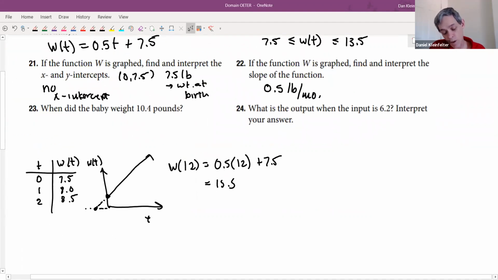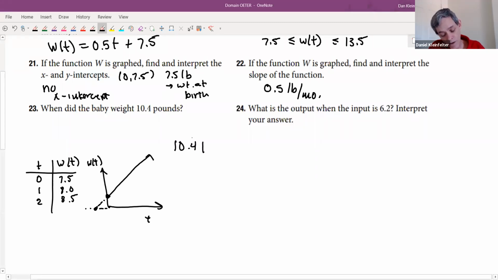And then 2 more. When did the baby weigh 10.4 pounds? So let's get that. We're given the function. We want to know a time when we'll have a weight of 10.4 pounds. So we'll start by subtracting the 7.5 pounds.